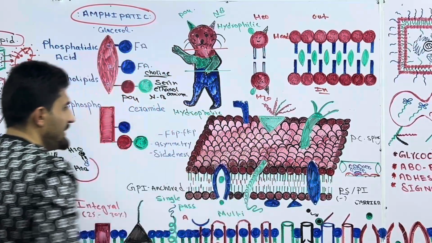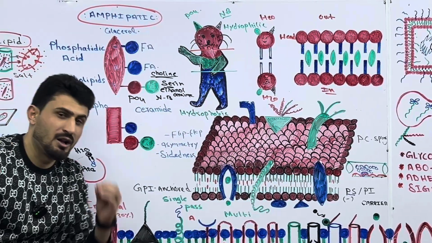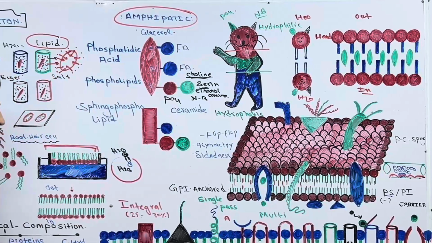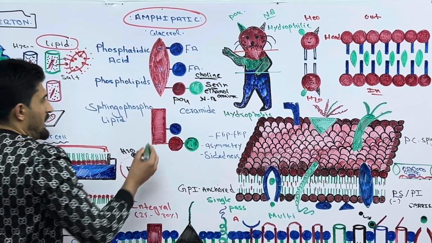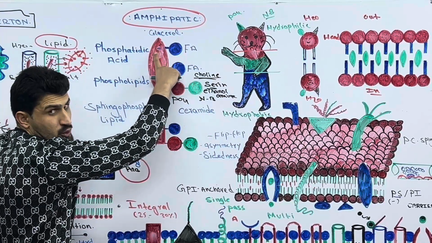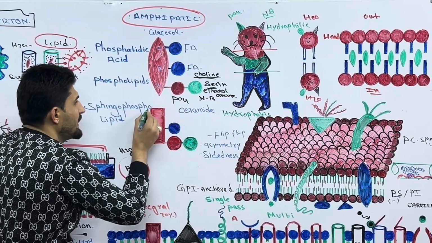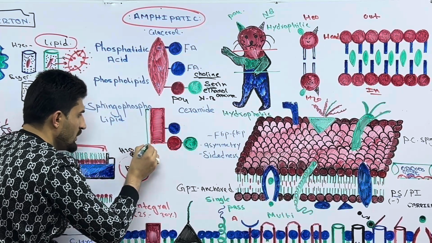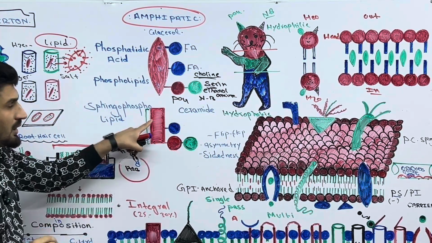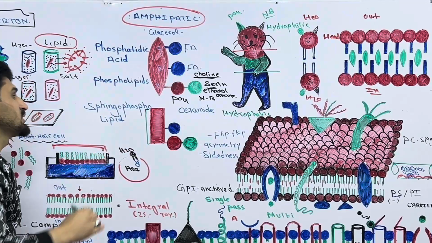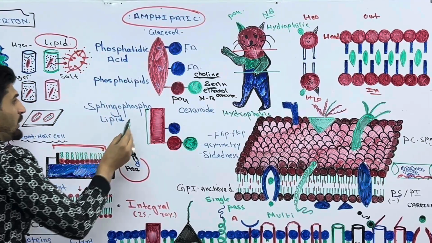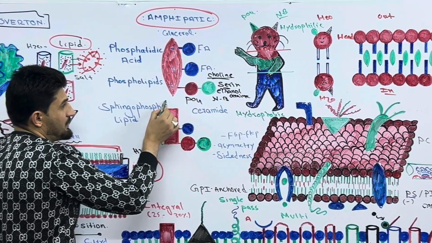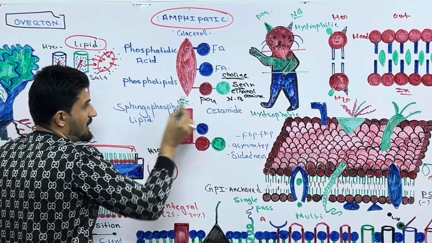But anyway, let me talk about sphingomyelin. What is sphingomyelin? So easy. Here, instead of glycerol, we have another alcohol group, which has a long chain of carbons, 18 carbons.